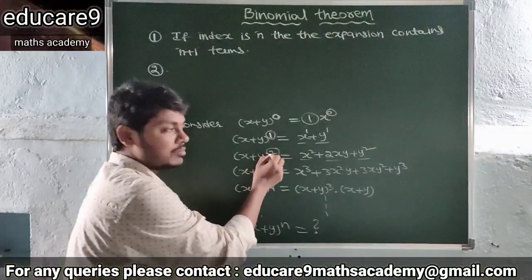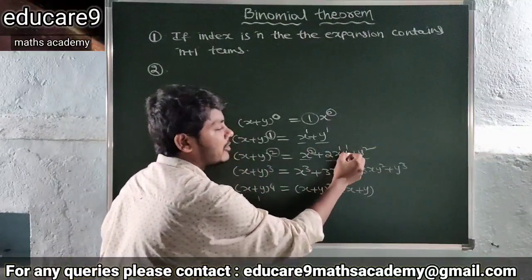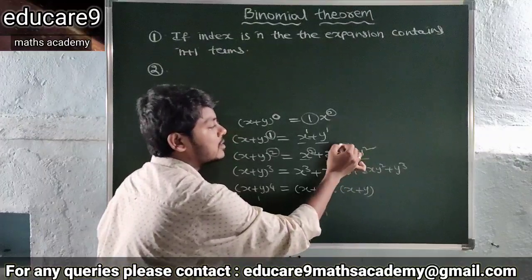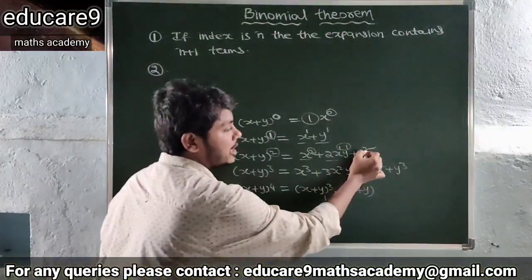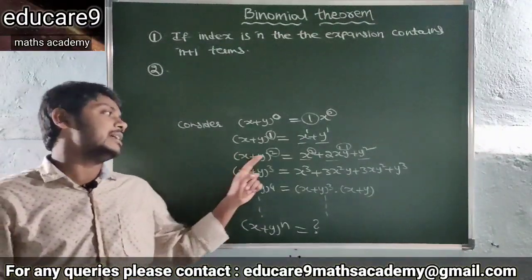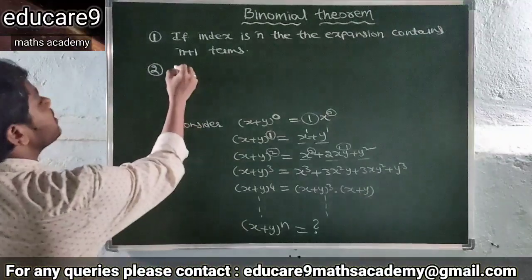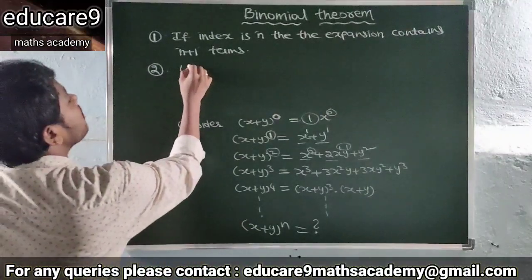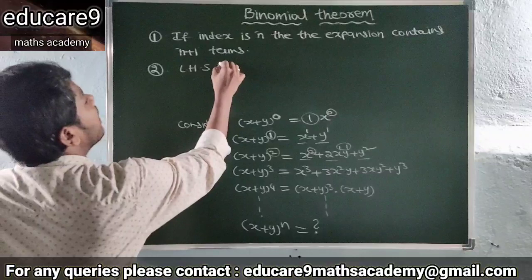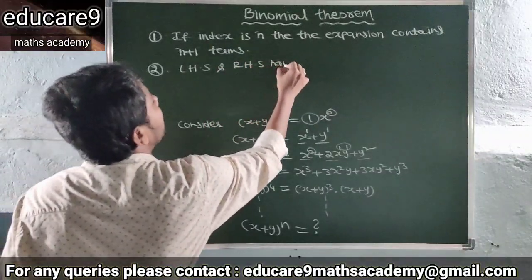If the degree is 2, here also the degree is 2, and the sum of the powers is 2. So clearly both LHS and RHS have the same degree. That is the second condition.